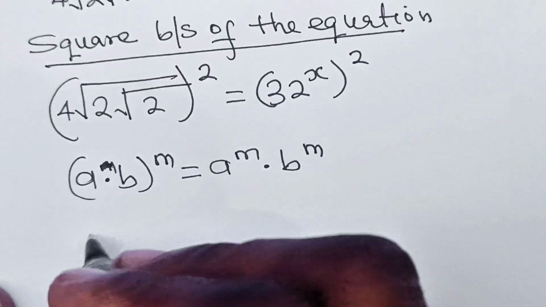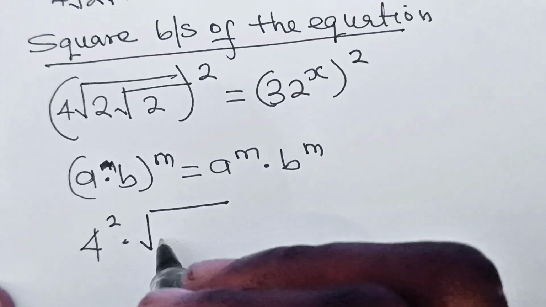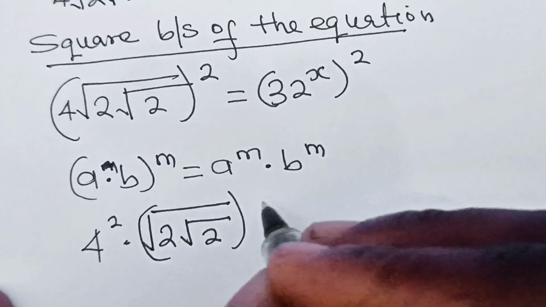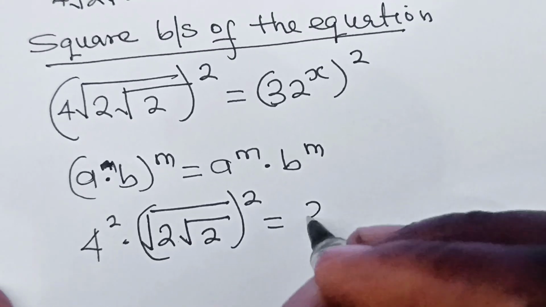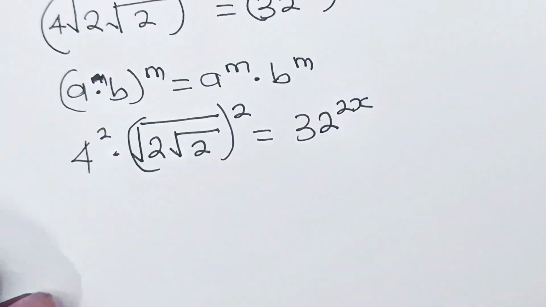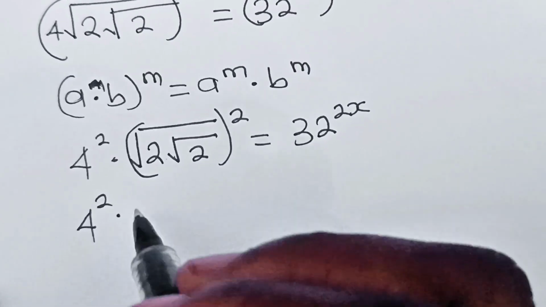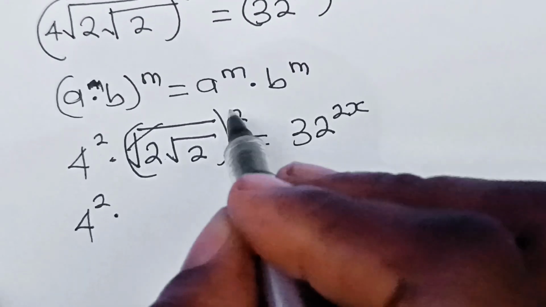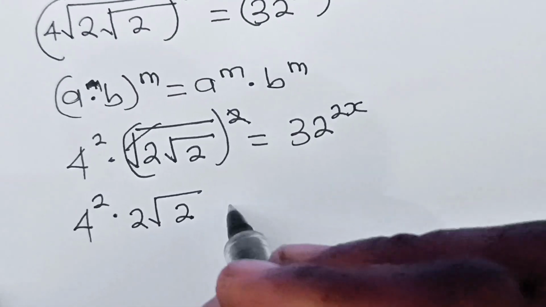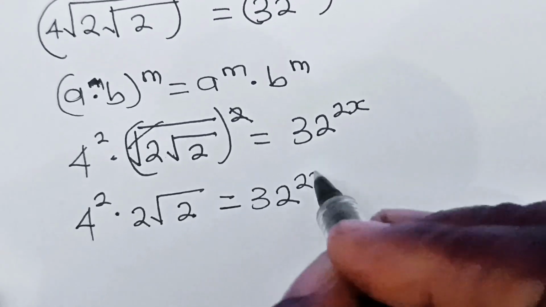So we can solve this as 4 to the power of 2 multiplied by 2 root 2 raised to the power of 2 is equal to 32 to the power of x times 2, which is 2x. So we have 4 to the power of 2 multiplied by, now this root will be removed by this, 2 root 2 is equal to 32 to the power of 2x.